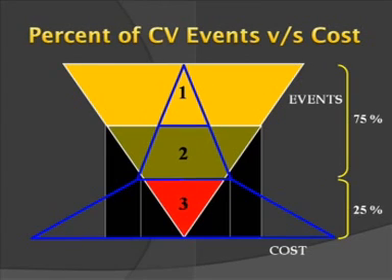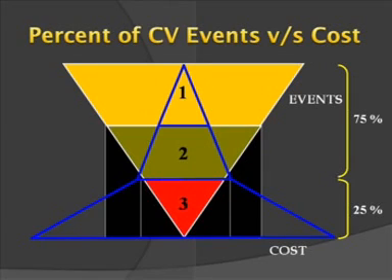This diagram summarizes the CV events versus the cost. There are 3 stages here, as you see, 1, 2 and 3. In the first stage, there are a number of people who have the risk factors or the so-called events there, and the number is so much, but the cost to reduce the risk burden is so small, as you can see in a small blue triangle there surrounding the digit 1.